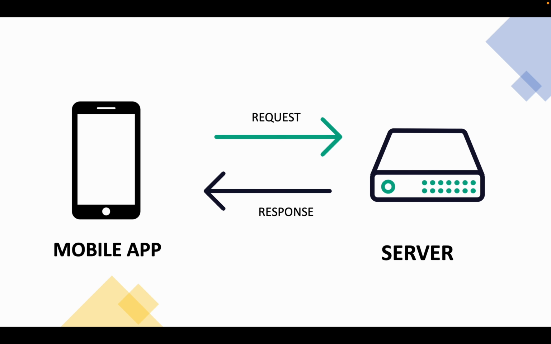For example, if you open a shopping app and enter black pants, and hit the search button, your app sends a request to the server, and the server looks for all the products related to black pants, sends them back, and then you display the products on your app. So this is how APIs communicate.